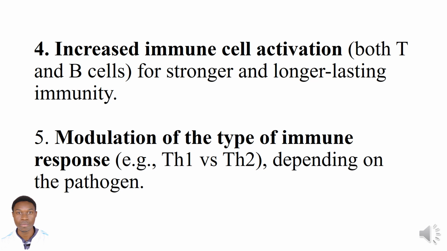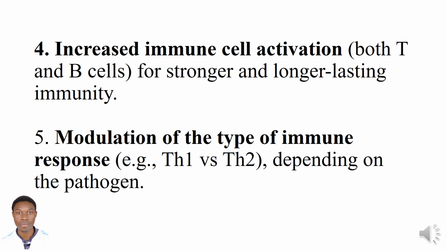And for B cell activation, in addition to activating T cells, adjuvants can stimulate B cells, which are responsible for producing antibodies that neutralize pathogens. And memory immune cells: adjuvants can also help stimulate the formation of memory B cells and memory T cells, which remember the pathogen and provide long-term immunity.